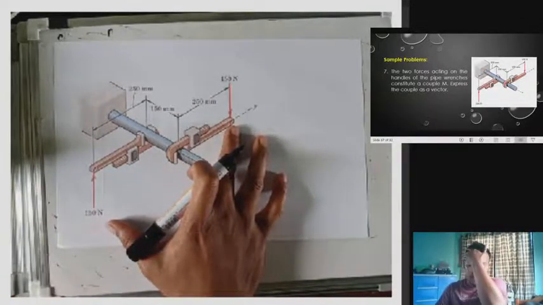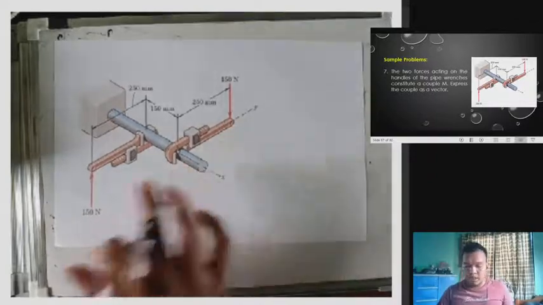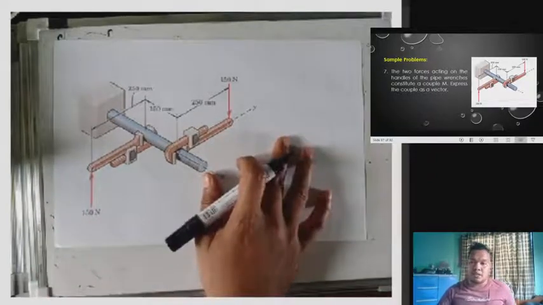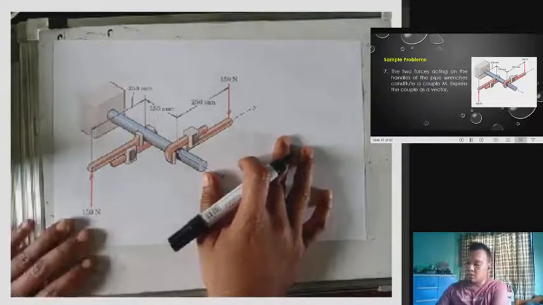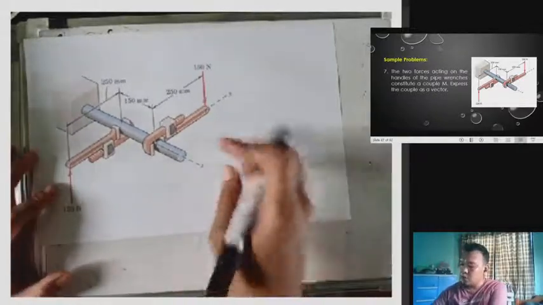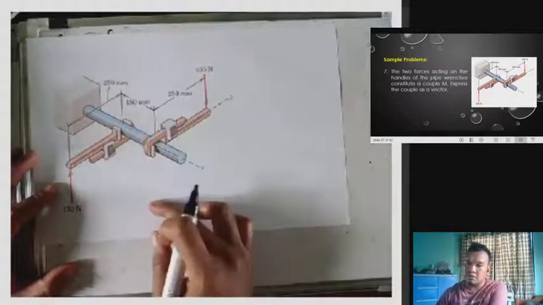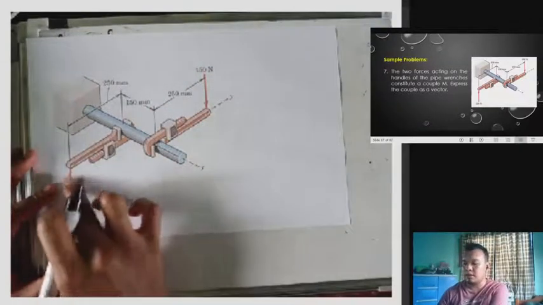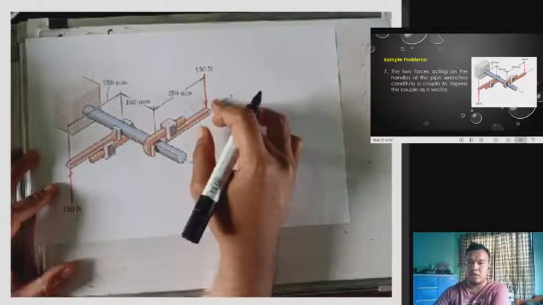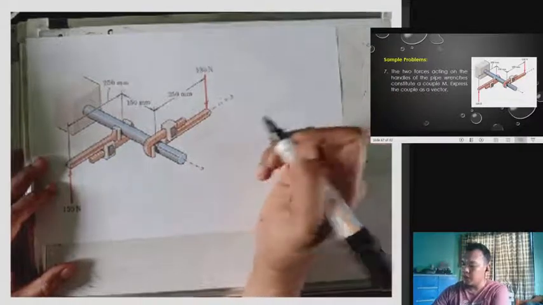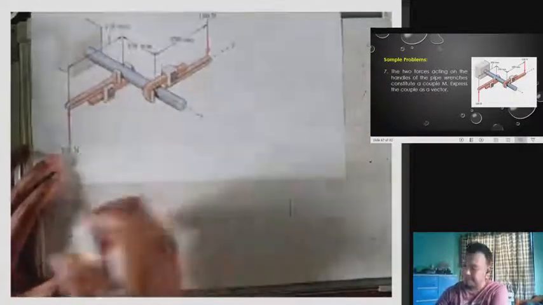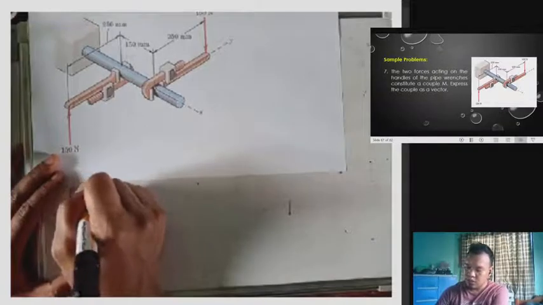So, gagawin lang natin is individually, i-moment natin siya sa axis para makakuha tayo ng vector component. Okay. So, kung ito ay y-axis natin, ito yung x-axis natin, malamang yung z-axis natin is vertical. So, wala tayong z-axis kasi nga vertical po yung loads natin, parallel siya, no? So, we have here solution. Solve na lang natin. Solution number 7.